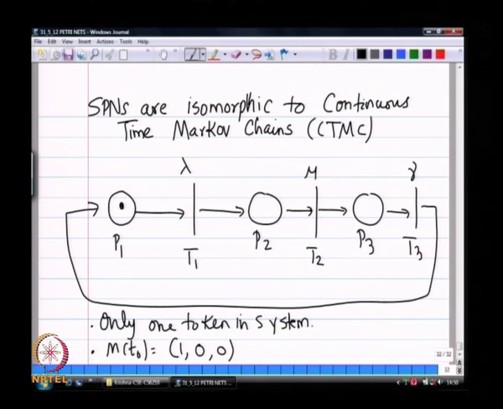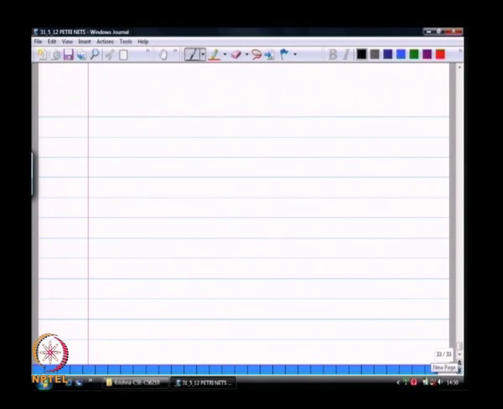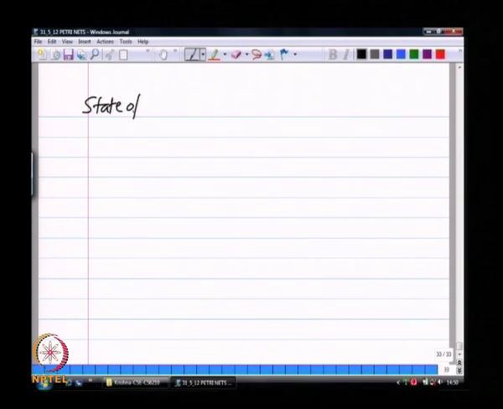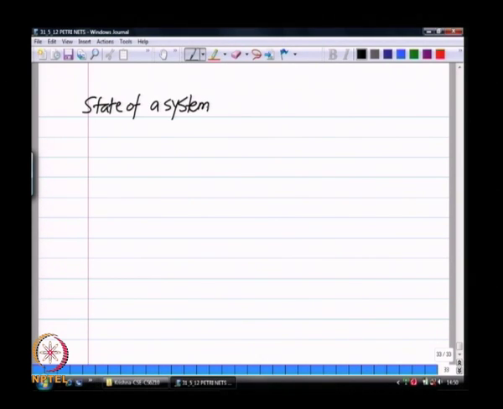Now how do we translate this to the CTMC? The state of the system is defined as a 3-tuple, because a CTMC requires states. So what are the states? The state of the system is basically the marking.